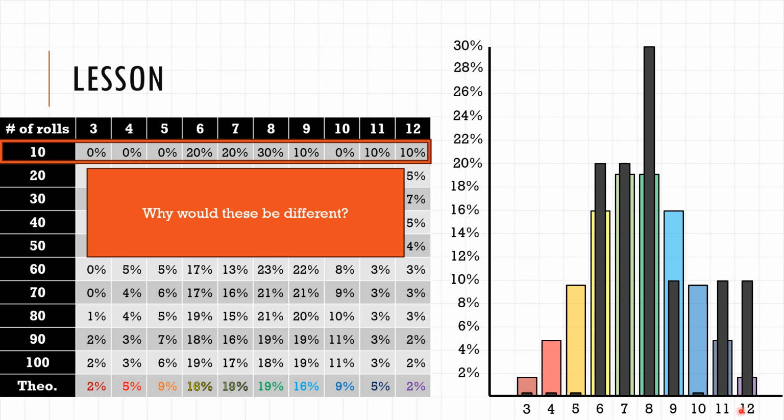That'd be crazy. But it is possible, right? Dice sort of just do whatever they want. So that is the reason why experimental probability is different from theoretical probability. Even though we might predict the probability of something, when we actually try it out, who knows what is going to actually happen. But now let's look at what happens when we increase the number of rolls.